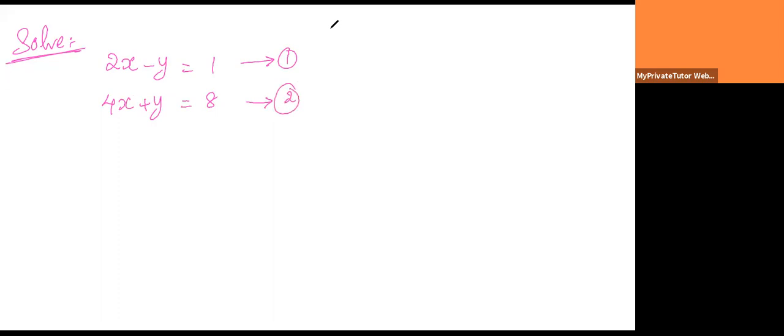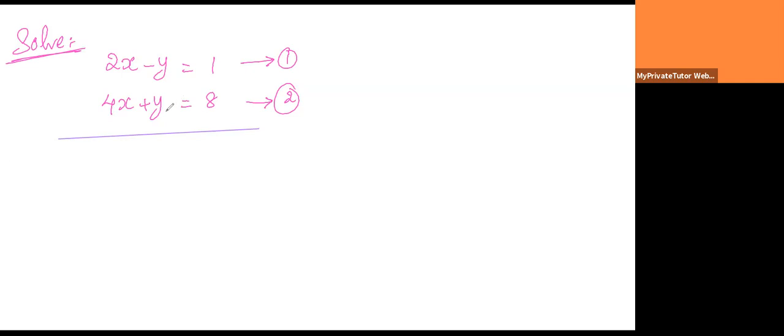We can use any of the methods. Which method is easier to solve? I think it is the elimination method, because just have a look at the coefficients of y, which are 1 and 1, which means we can easily eliminate the variable y.